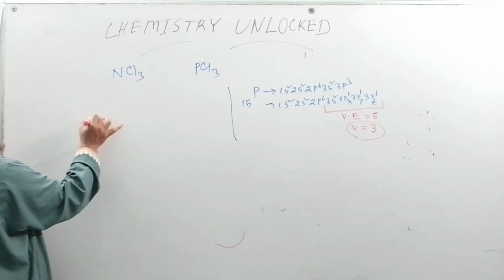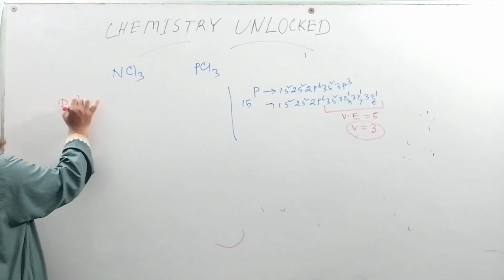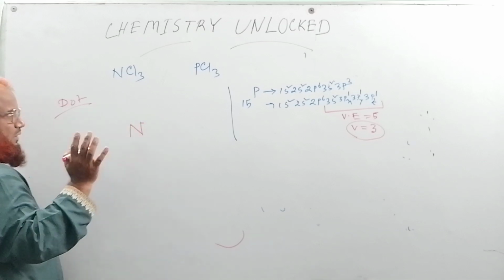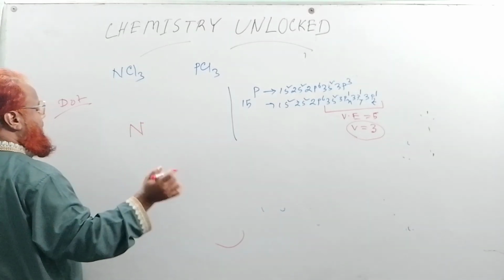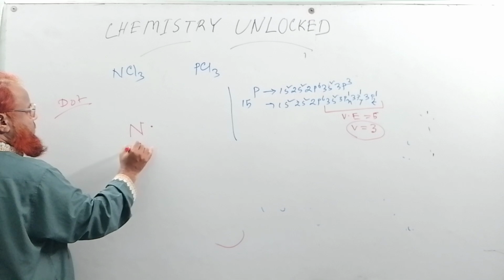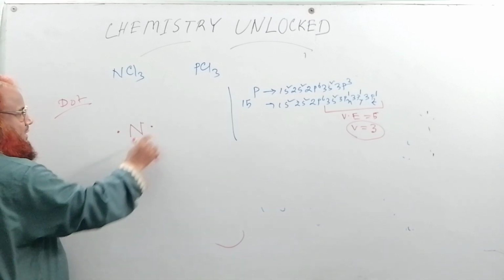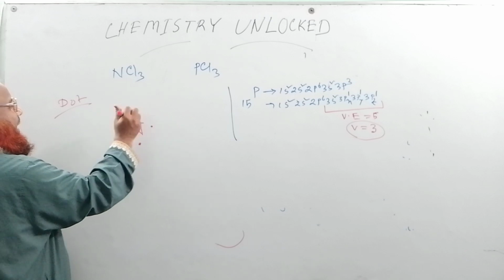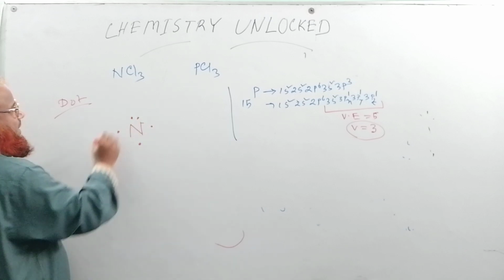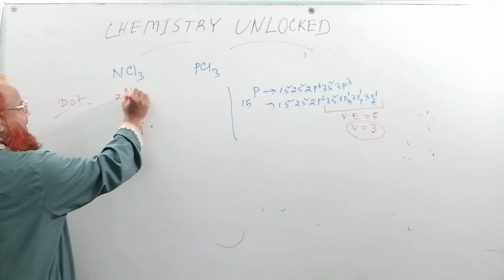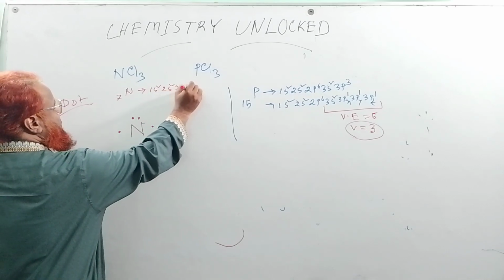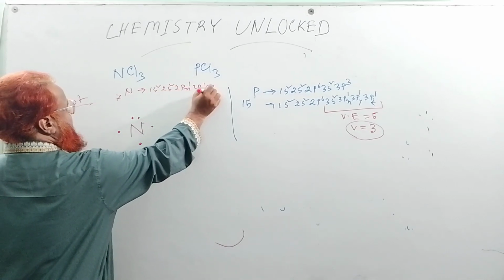For NCl3, draw diagram. So nitrogen in the valency shell total was 5. So 1, 2, and 3, these are the 3 unpaired, and here 1 is lone pair. If you forget, then I am writing here again 1s2, 2s2, 2px1, 2py1, 2pz1.